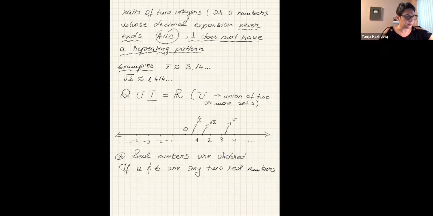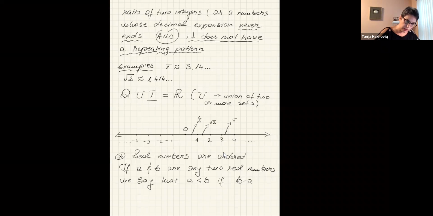Then we say that either A is less than B if B minus A is greater than 0.